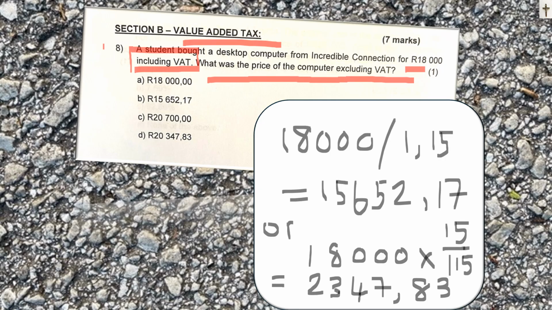excluding VAT? Now what I can do here is, we're given the VAT inclusive price. There are different methods as long as you get to the correct answer. When I took the amount that was excluding VAT, let's say we haven't been given it, we've got to work to it.